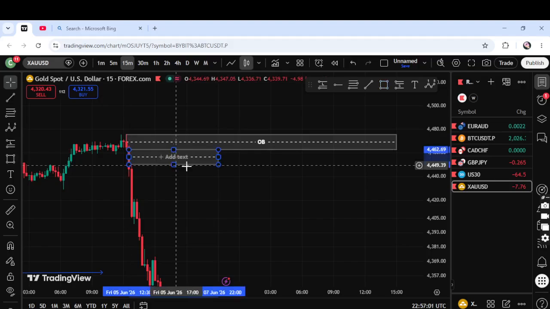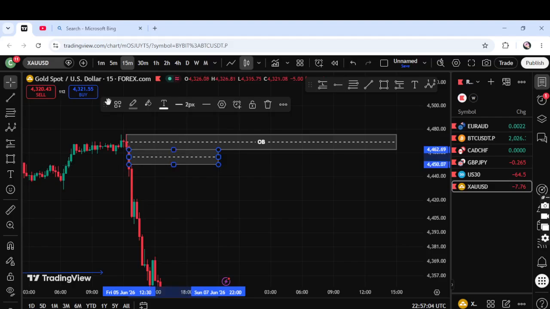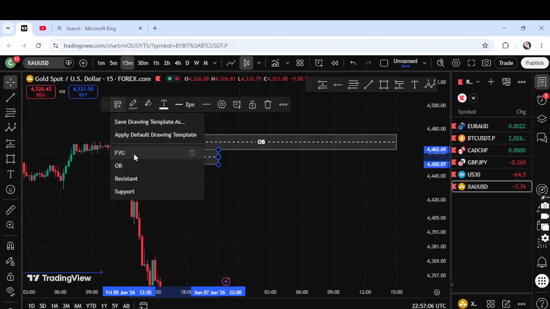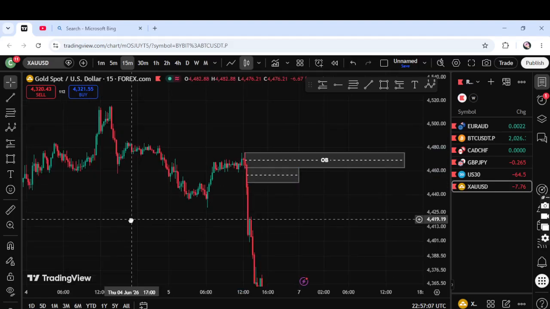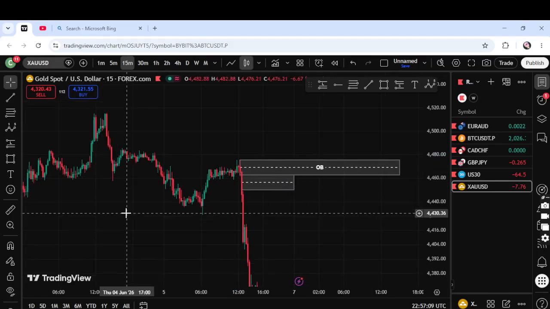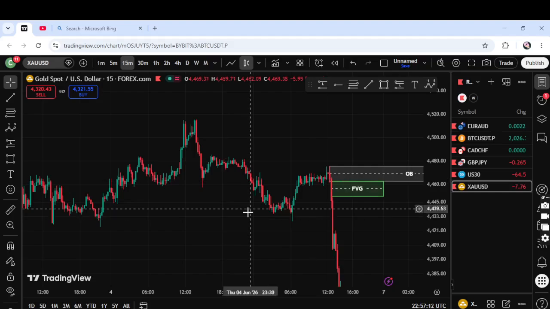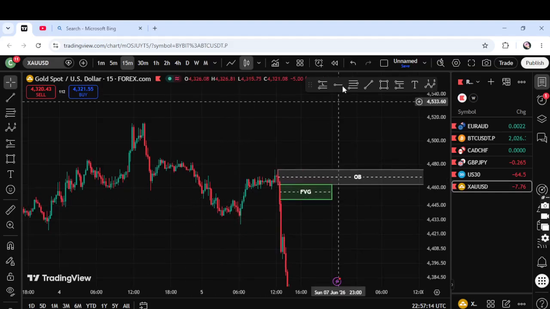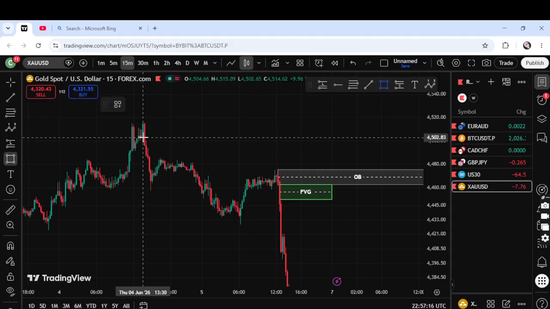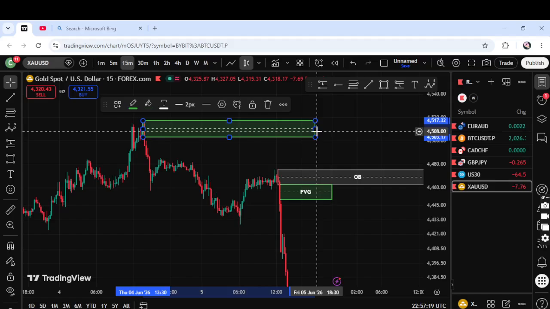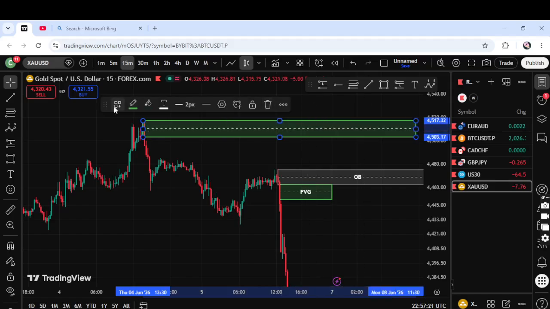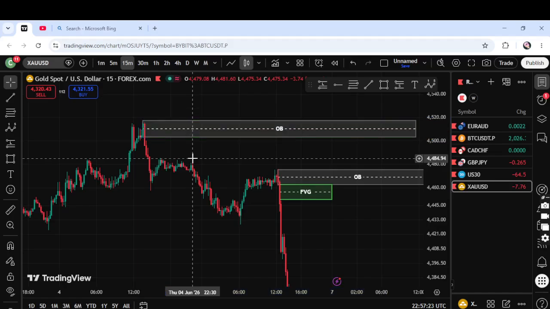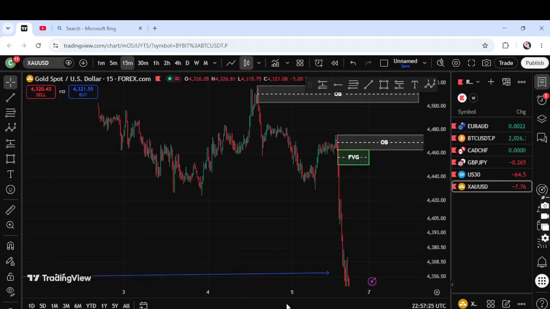So here we'll move in aggressively because all my confirmation is here. But also remember that you can see the stop loss. So apply proper risk management and look at the setup here.